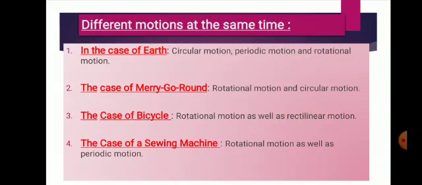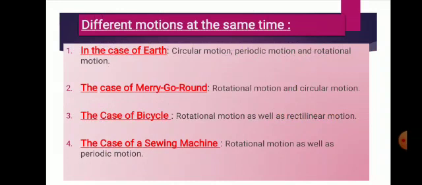Now, some objects may have more than one type of motion at the same time. Or in other words, some objects may have a combination of two or more different types of motion. Some examples are here. First, in the case of Earth, the Earth moves around the Sun, so it has circular motion.